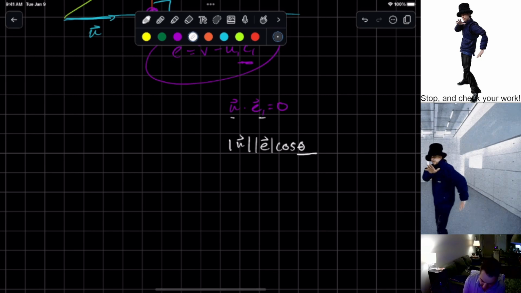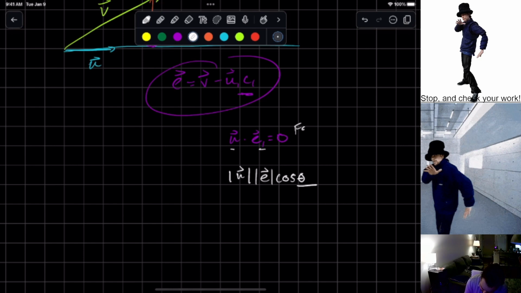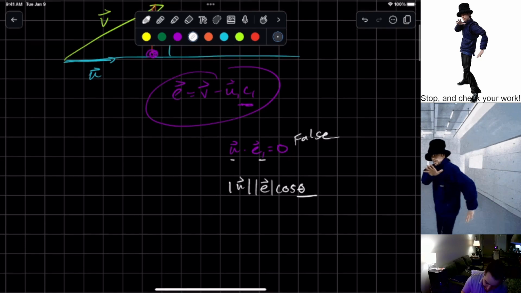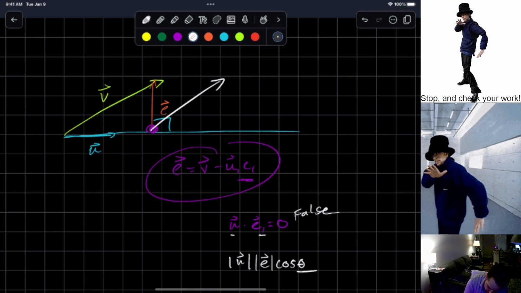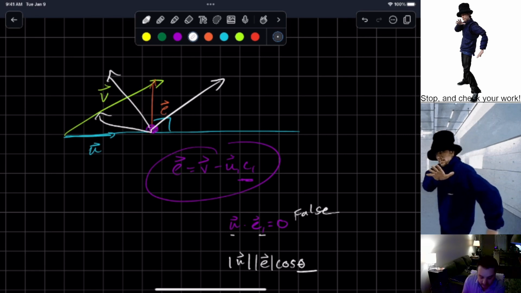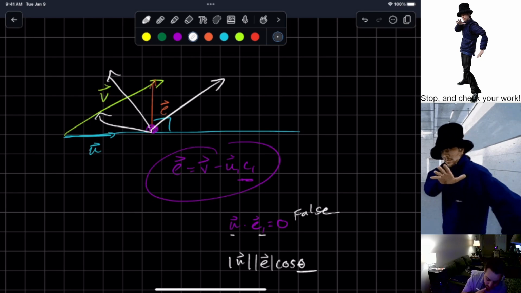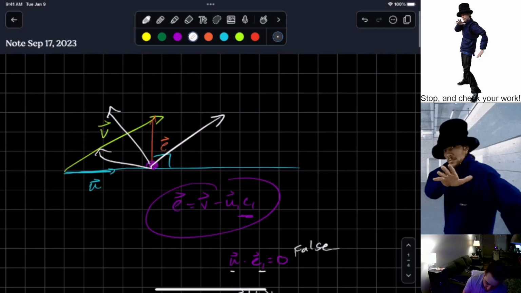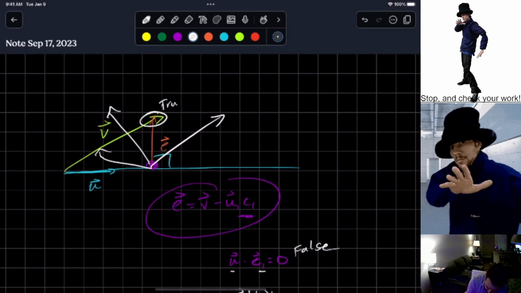If this cosine was anything other than 0, meaning the angle was anything other than 90, this would be false, meaning that our error approximation would be all cattywampus, going there, maybe even there, but it would not line up straight. So having it be a 90-degree angle gets us to that point, and that's true.